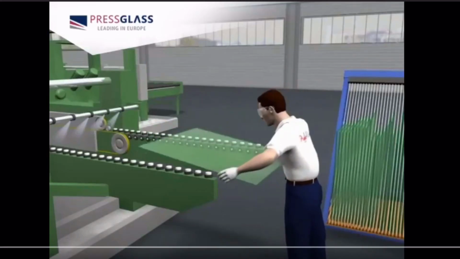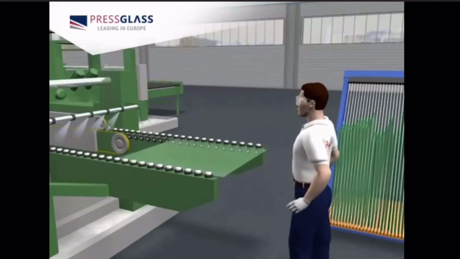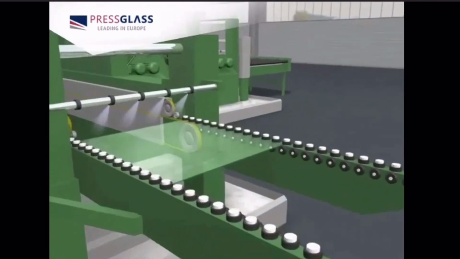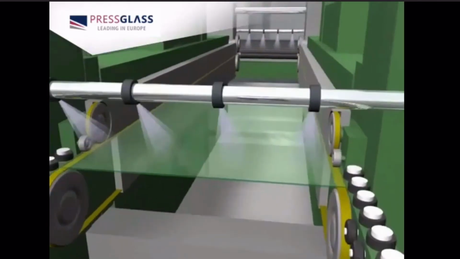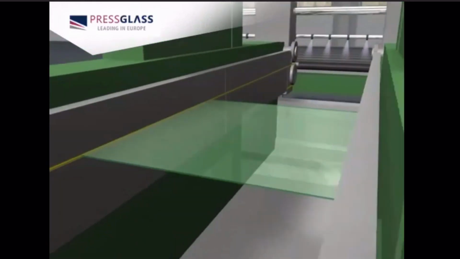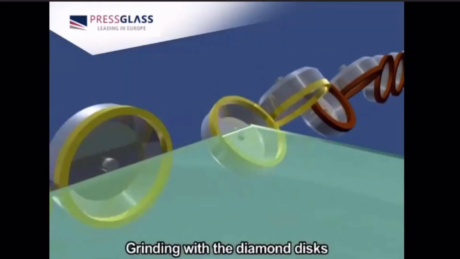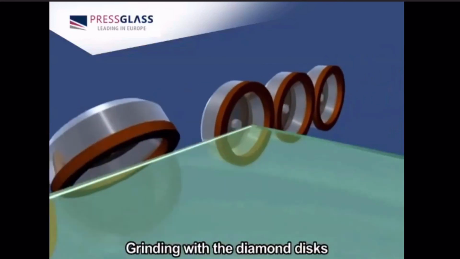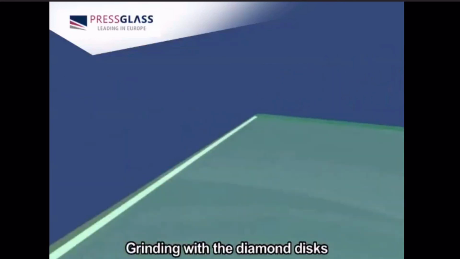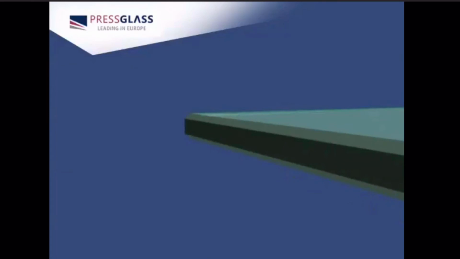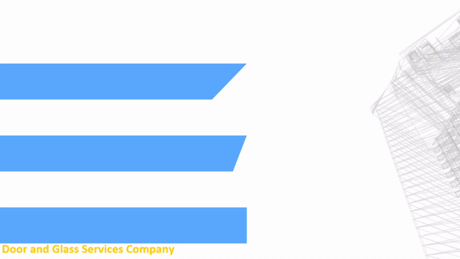Mitered edges are created on glass panels by machines called edge polishers. Edge polishers use a series of steel wheels that have diamonds impregnated on them to grind the edges of the glass and then polish the edge. These machines can be adjusted to create a straight flat edge or an angle.